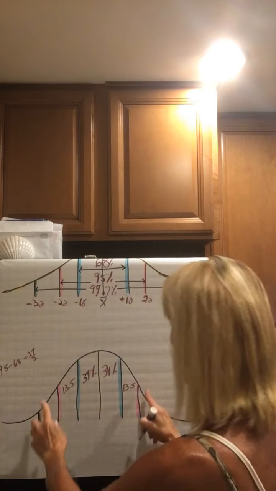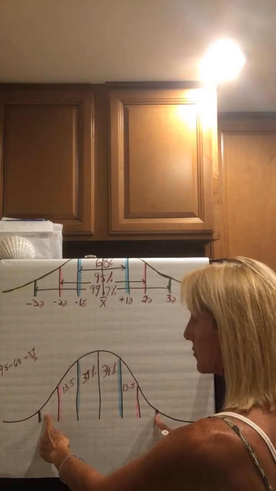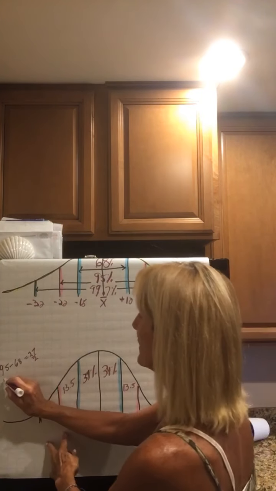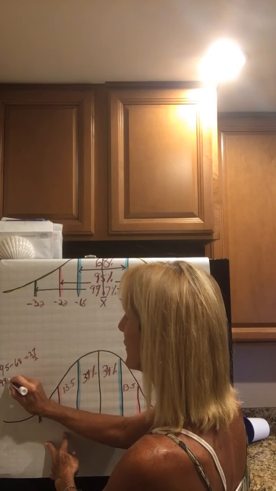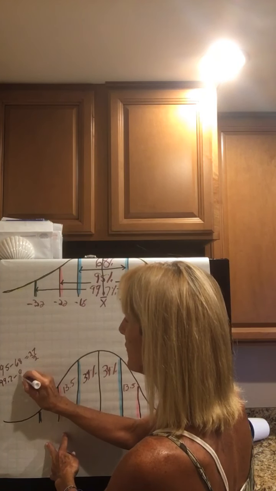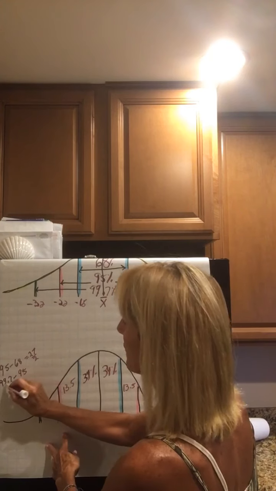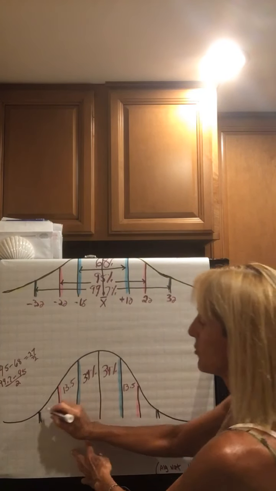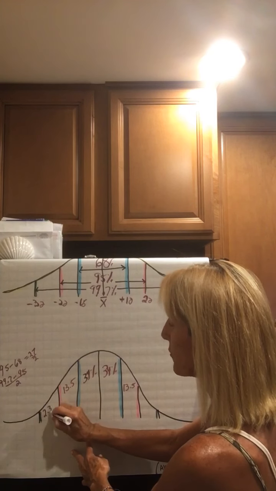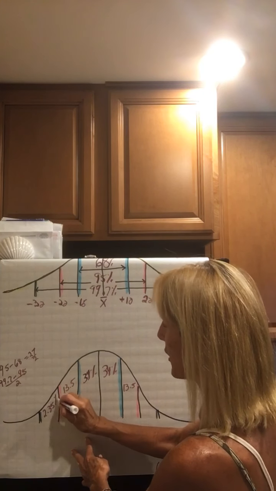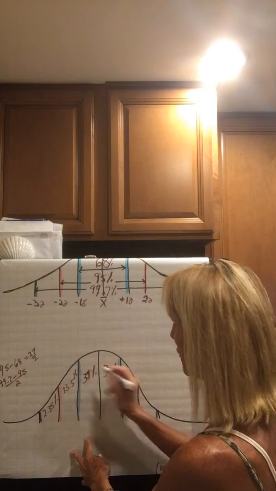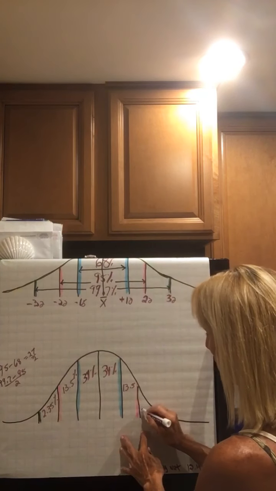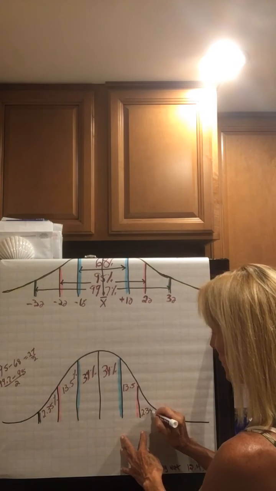And then remember, it's 0, 68, 95, 99.7. So now I need to find out what this is. If I take 99.7 minus 95, and then divide that by 2, then these two little pieces over here are going to be 2.35. Of course, I forgot my percents. So remember, they're percents, 5%.